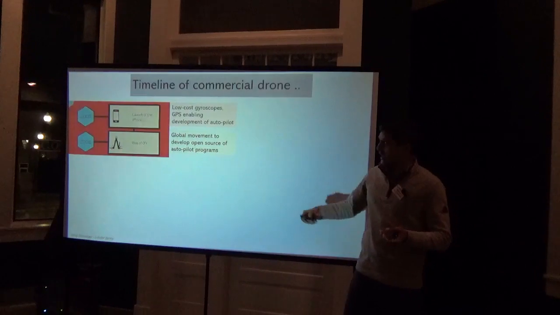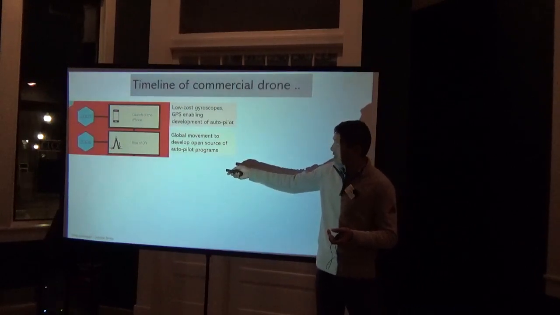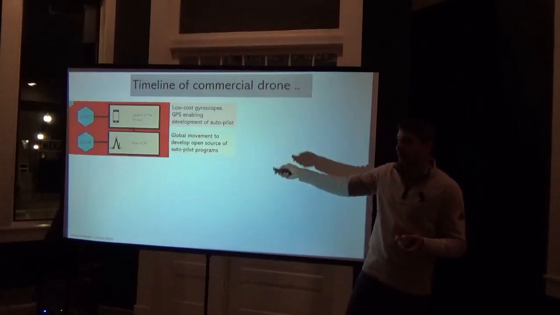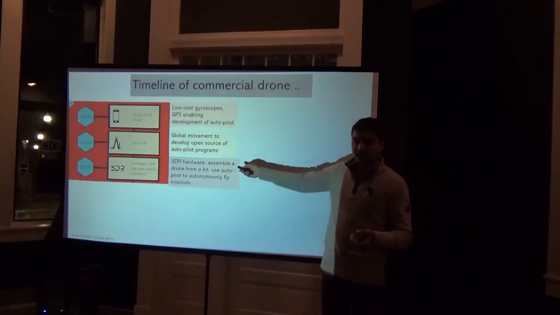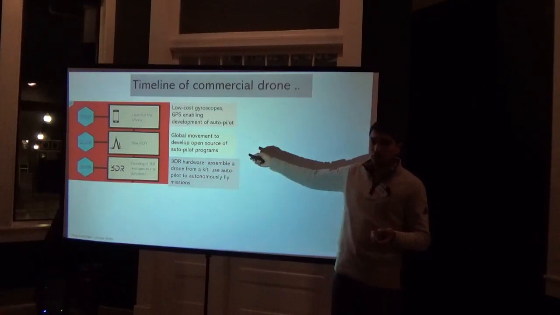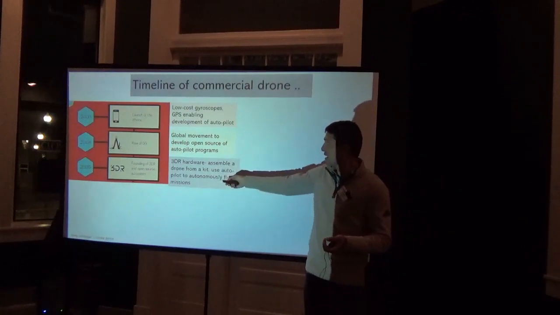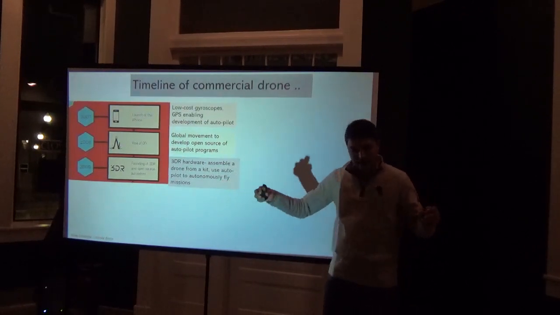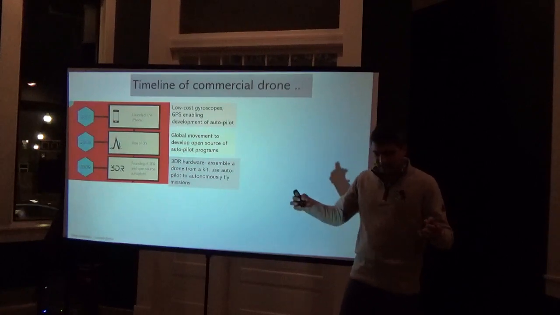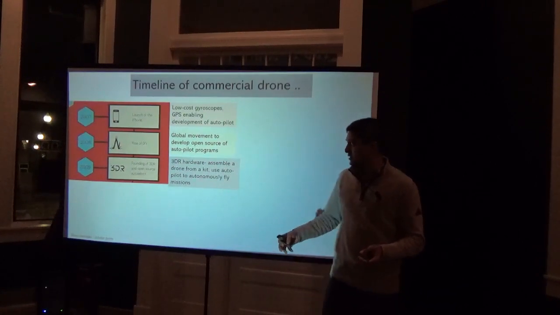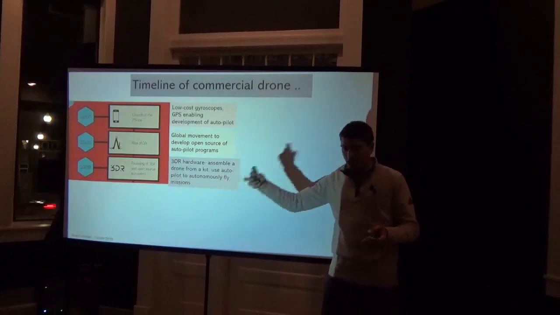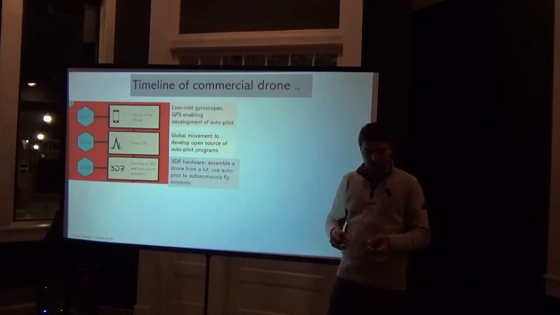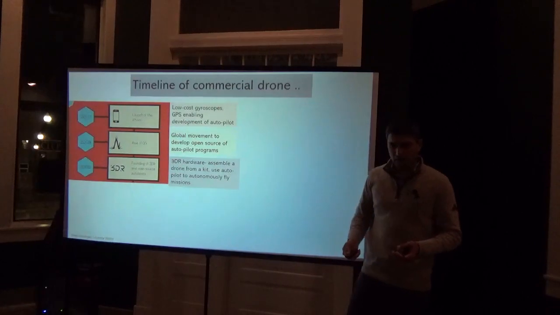So with the help of the development of autopilot programs and the smartphone, what happened is you can go to a company's website and you can buy pieces of drones and assemble what we call the do-it-yourself DIY drone and download the autopilot program on your phone and start flying it.